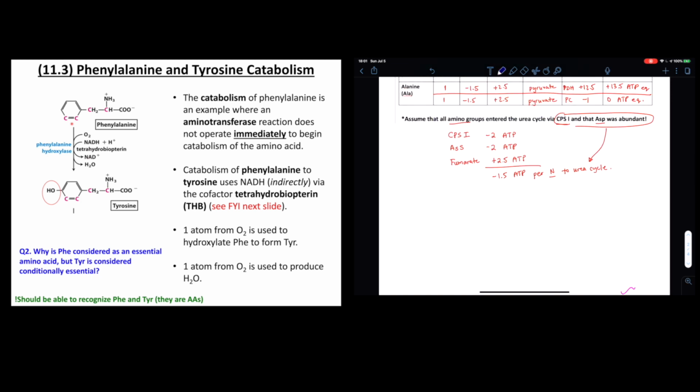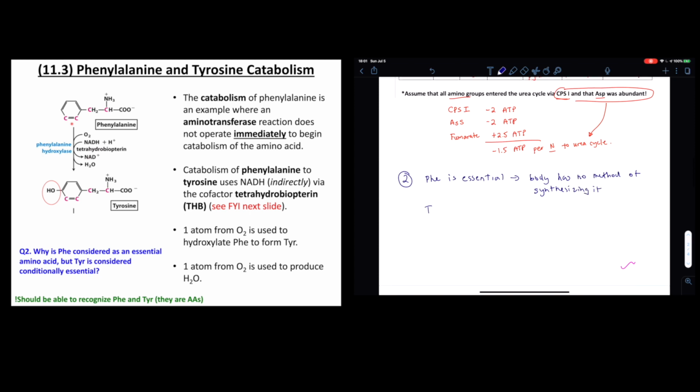Let's change the color. Okay, so phenylalanine is essential. Okay, so the human body has no method of synthesizing it. And then tyrosine is conditionally essential.